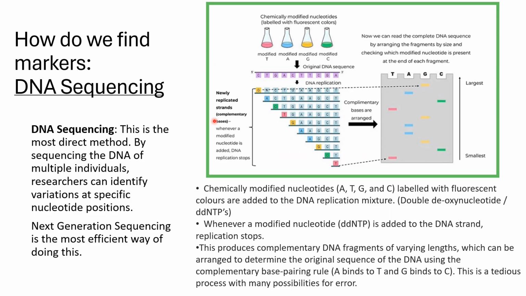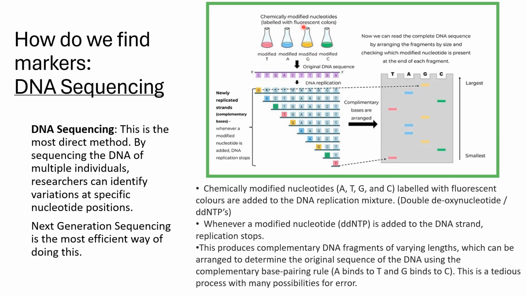So in this case, this is a traditional method. It is very time consuming. And imagine if you have a gene that is thousands of base pairs long, then you have to have thousands of reactions. So you will have 4 different vials, okay?